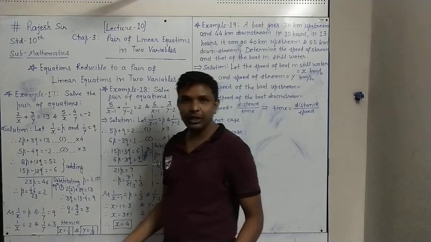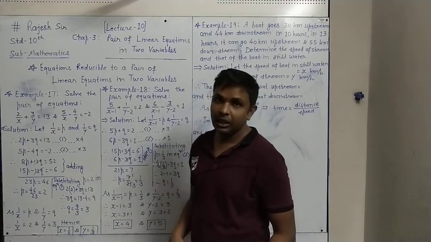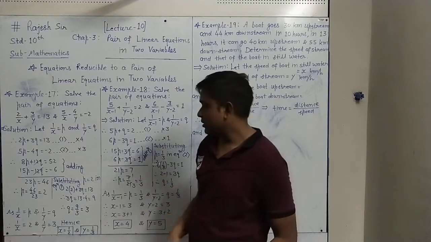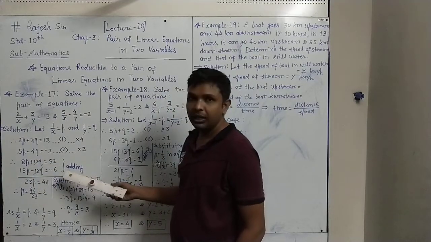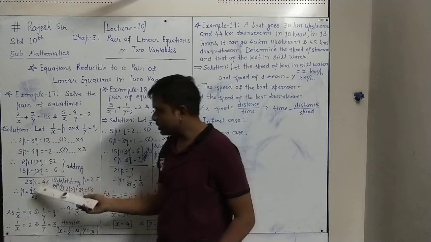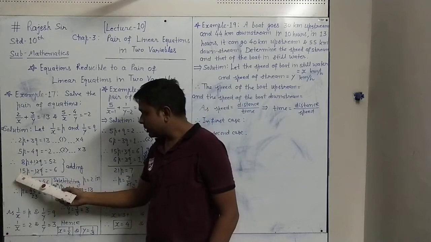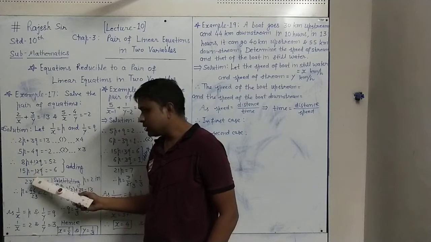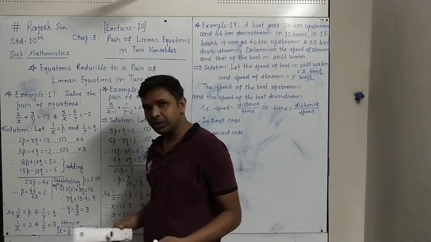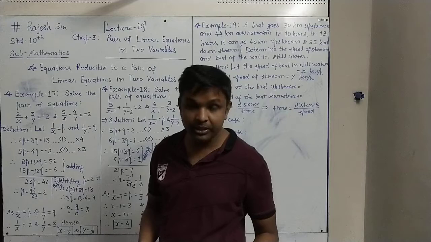Now this can be eliminated because both have different signs. We will add them. Adding both equations, 8p plus 15p is 23p, and plus 12q minus 12q is eliminated. The q term is eliminated, the q variable is eliminated. Elimination method.